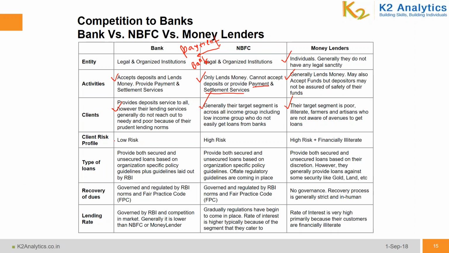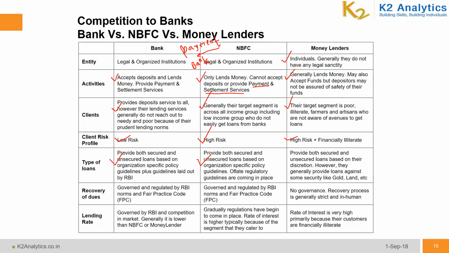Client profile, if you see, from the loan point of view, banks cater to a profile which is low risk. NBFCs cater to high risk. Money lenders, high risk as well as financially illiterate people. Types of loans, banks provide secured, unsecured, both.